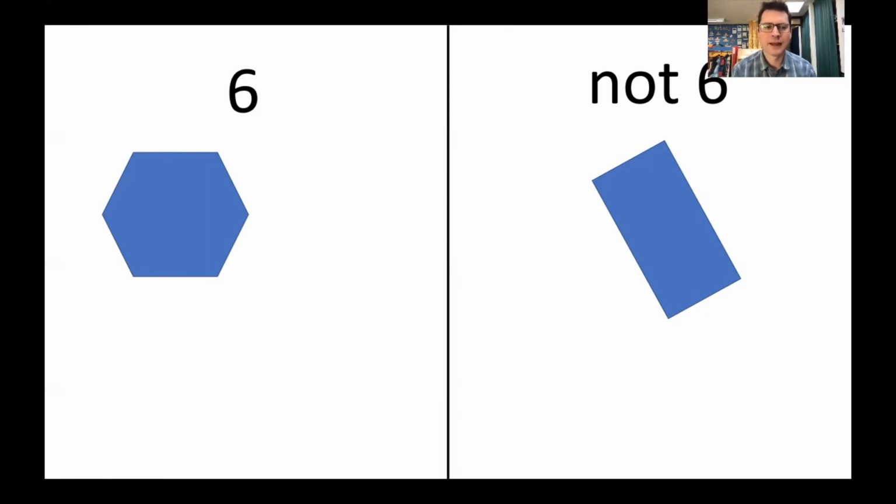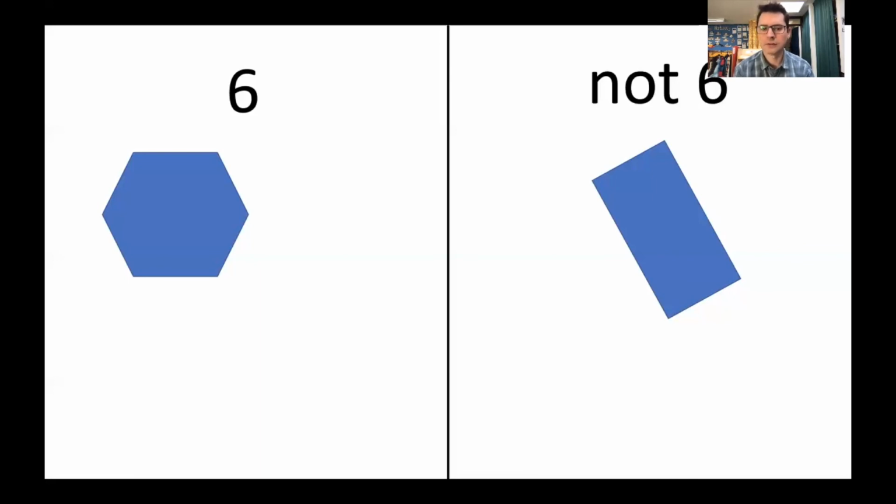There is a hexagon. Now, a hexagon is a shape that has 6 edges and 6 vertices. You can see in my not 6, I've put a rectangle. Now, a rectangle does not have 6 edges or 6 vertices.